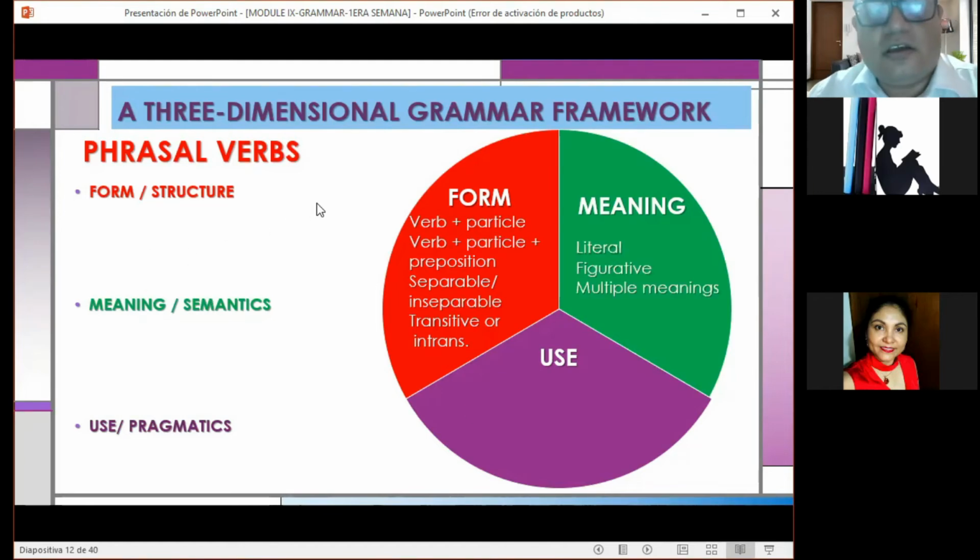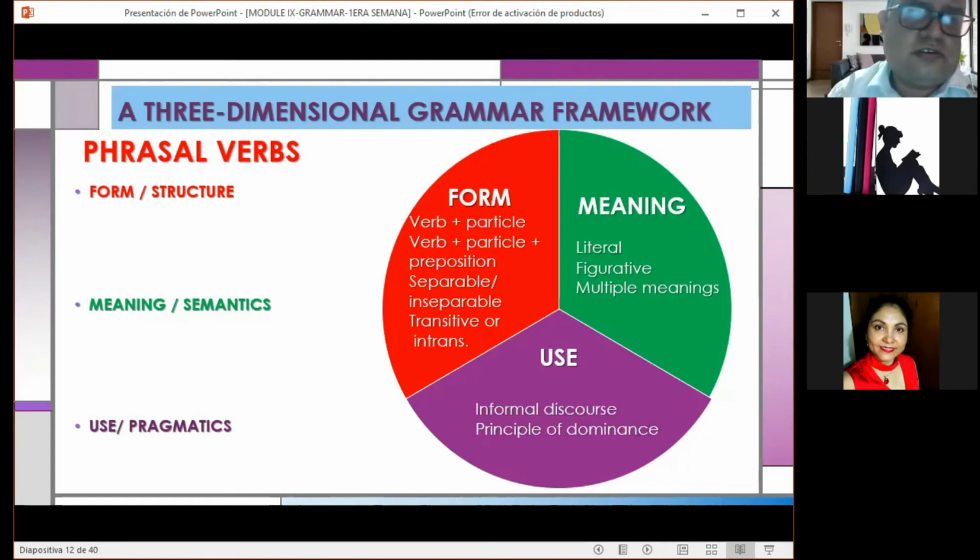Meaning. Phrasal verbs, remember, some of them have literal meaning, but most of them have a figurative meaning, and they could have multiple meanings, not just one meaning. Depending on the context in which you use this phrasal verb, the meaning changes.